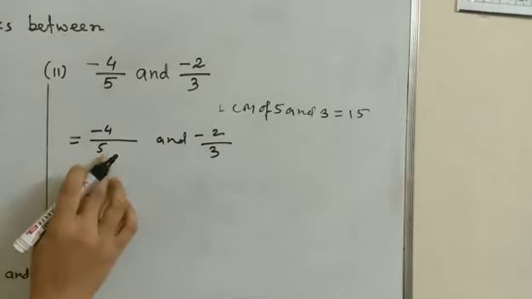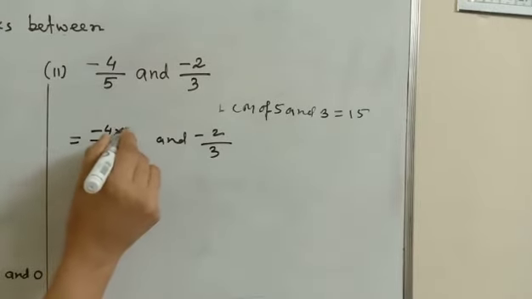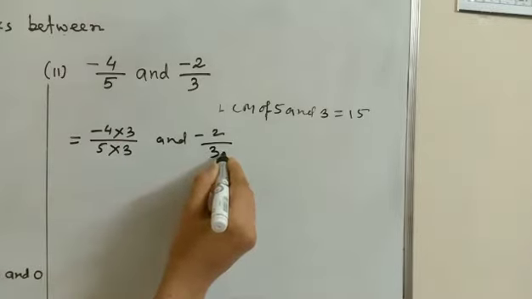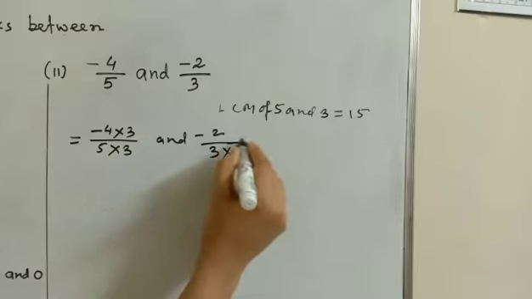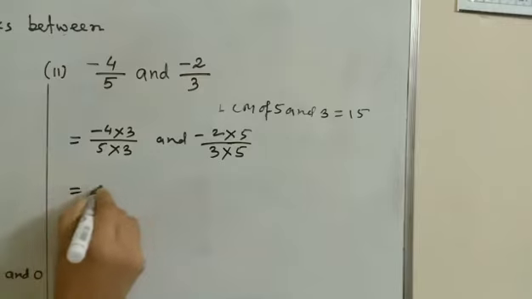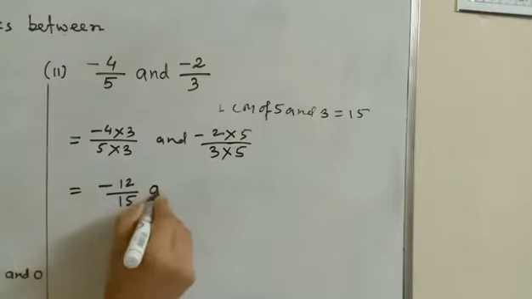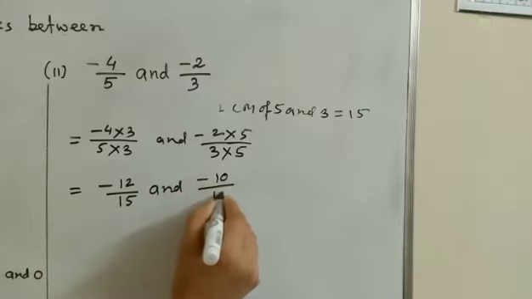Then to make 5 as 15, you need to multiply it by 3. Both the numerator and denominator you should multiply by the same number. Similarly, here you have to make the denominator 15, so multiply by 5, both numerator and denominator. So minus 12 by 15 and minus 10 by 15.